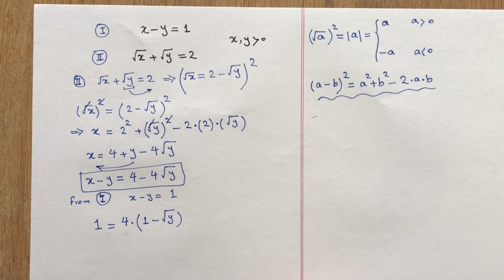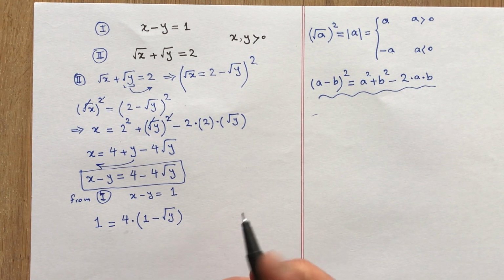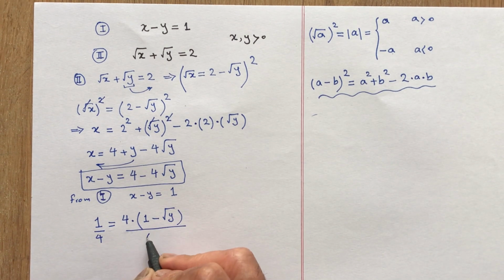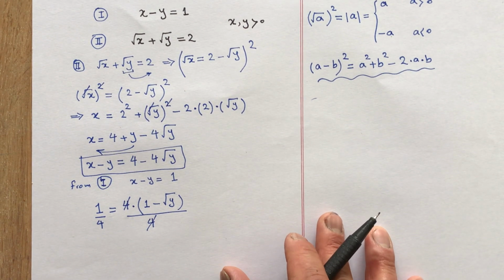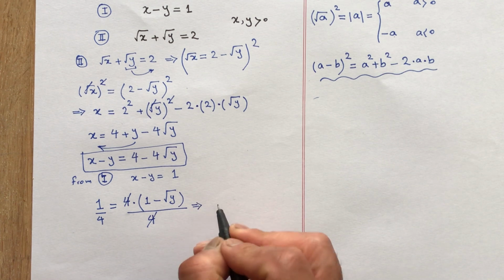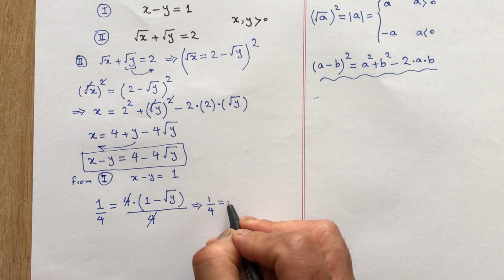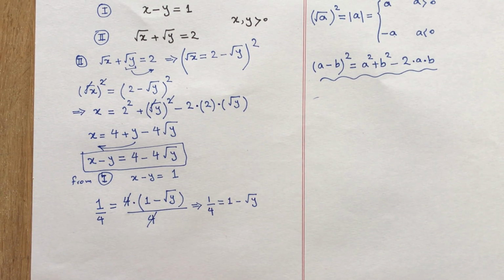Okay, it's simplified. Now for more simplification, we can divide both sides by 4, and in the right side 4 cancels with 4, so 1 over 4 is equal to 1 minus square root of y.